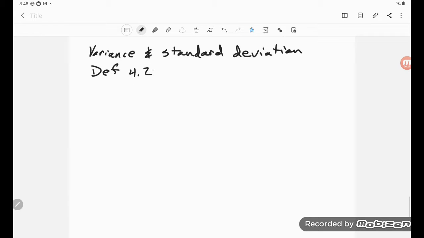And so these are just particular expected values. Normally we do the variance as sigma squared, and that is the expected value of our x minus our mean squared.